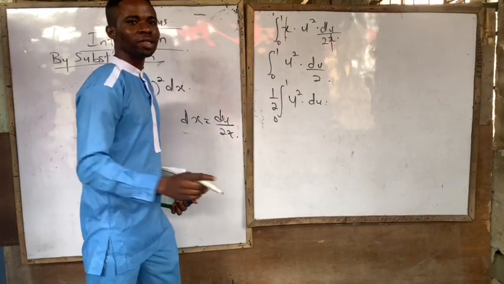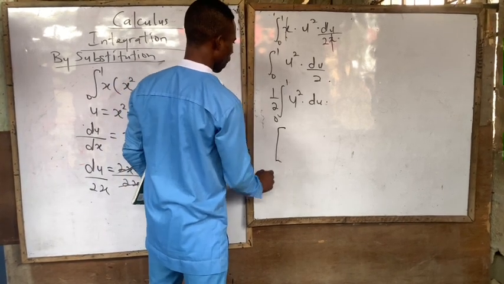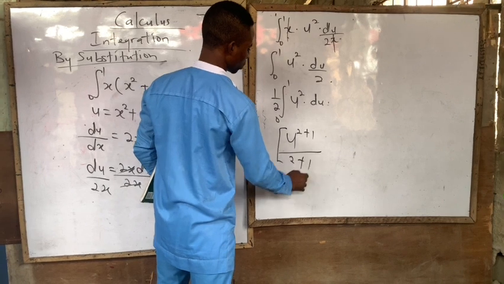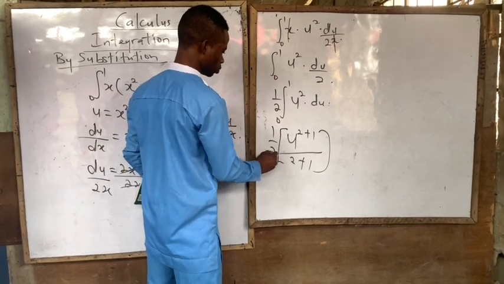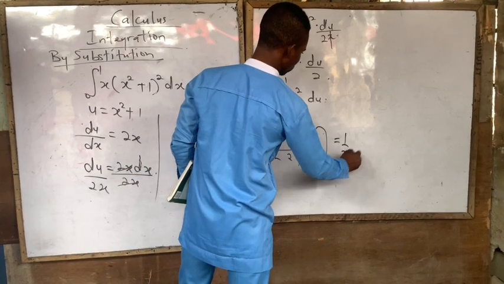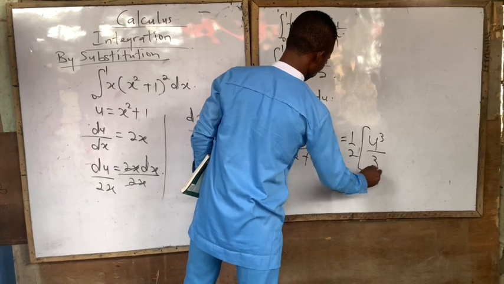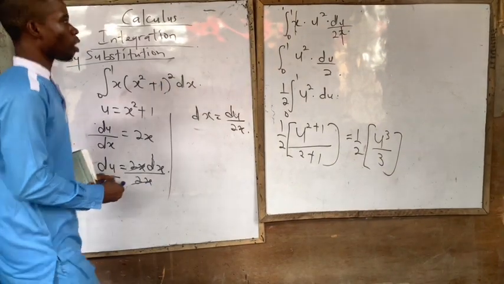So you will now find the integration of u squared. When you integrate u squared, that will be u raised to 2 plus 1 all over 2 plus 1. But do not forget the 1 over 2. So definitely you have 1 over 2 times u raised to power 3 all over 3. Now after that, what will we do?